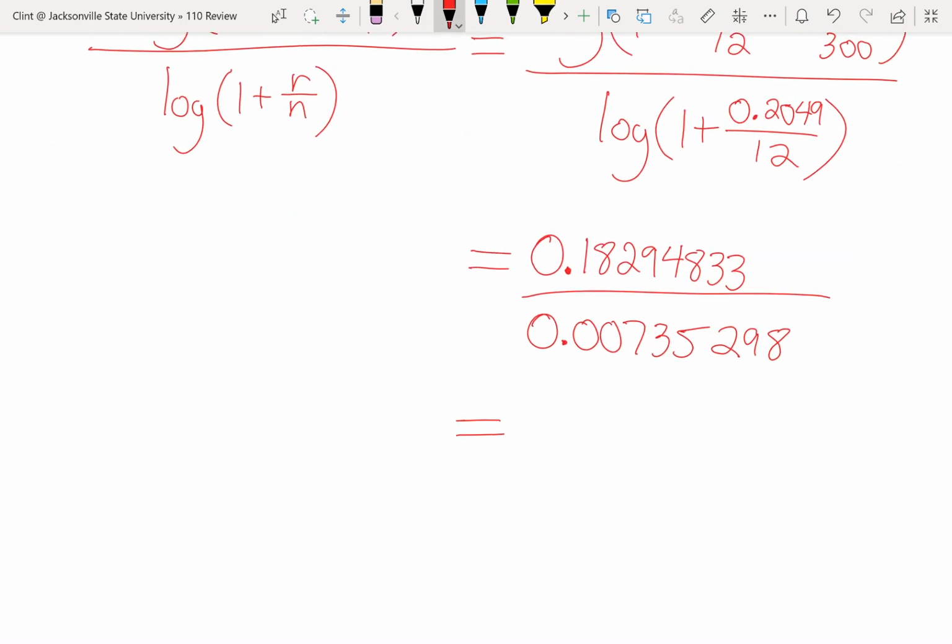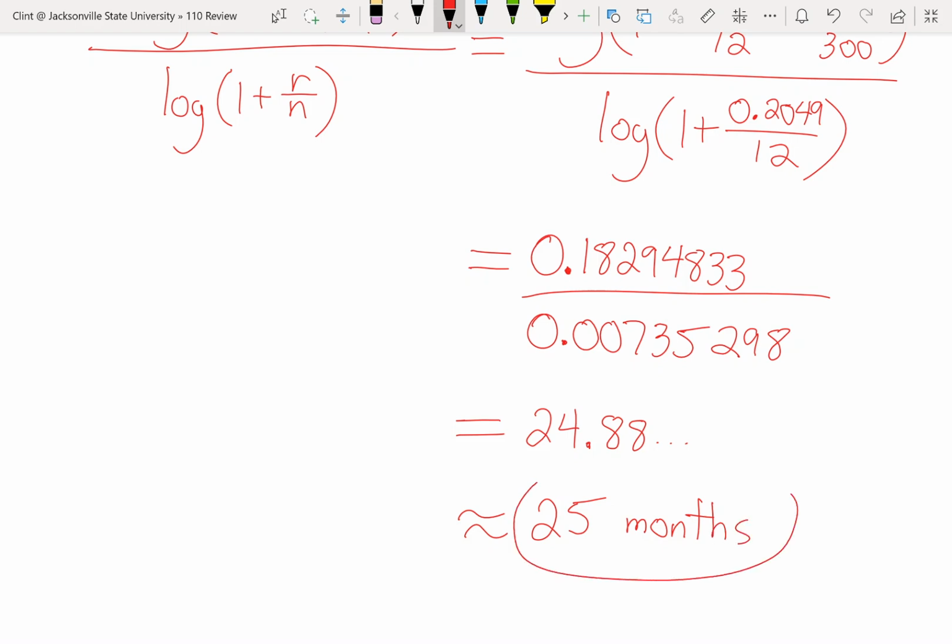So then when we do the division, I get 24.88. So more than 24, so it's going to take us 25 months. We'll get that 0.88 on the 25th month.